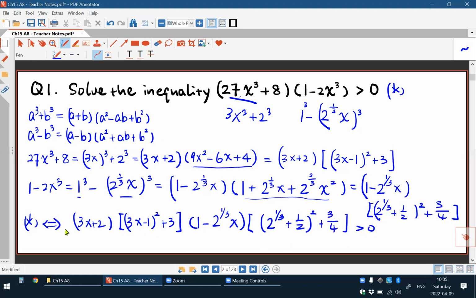This is greater than 0, right? And because this factor is greater than 0, and this factor is always greater than 0, right? So we can divide both sides by the product of these two terms. So this is further equivalent to 3x plus 2 times 1 minus 2 to the 1/3 x greater than 0. So we only need to solve this inequality here.